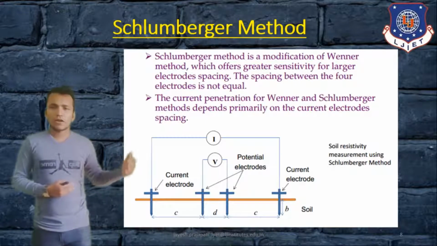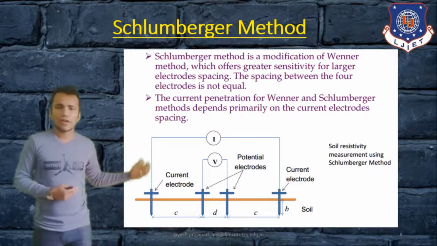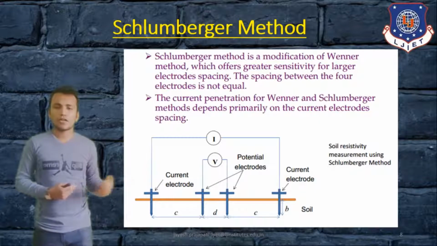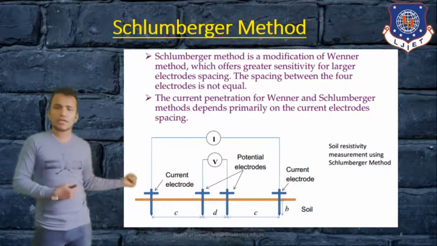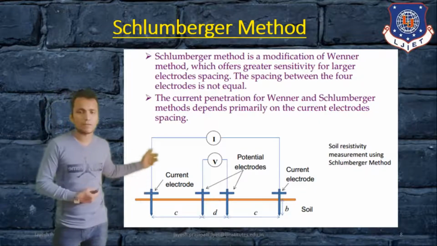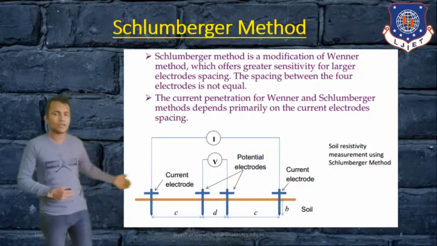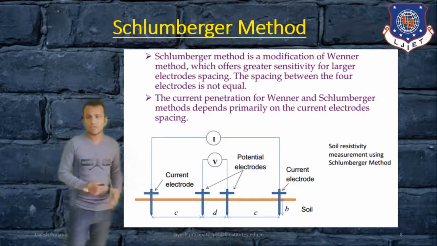So here the current penetration for the Wenner and Kuiper methods depends on the current electrode spacing. There is nothing different here. It is the same as the Wenner method. Here we can only change the distance between the electrodes.